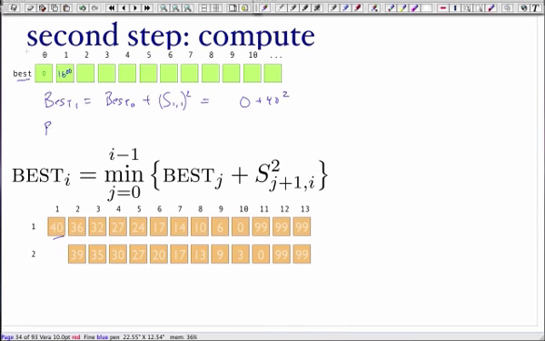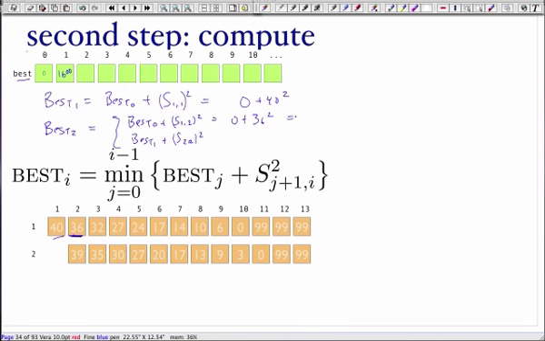Best 2 is going to be a minimum. It's either going to be best 0 plus s of 1, 2 squared, or it's going to be best of 1 plus s of 2, 2 squared. Okay? Now that top line is going to be 0 plus, let's look at s of 1, 2. That's 36.